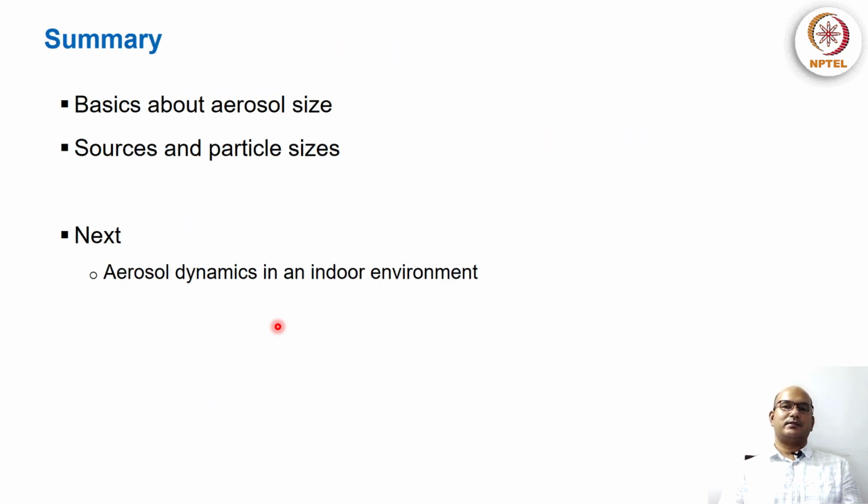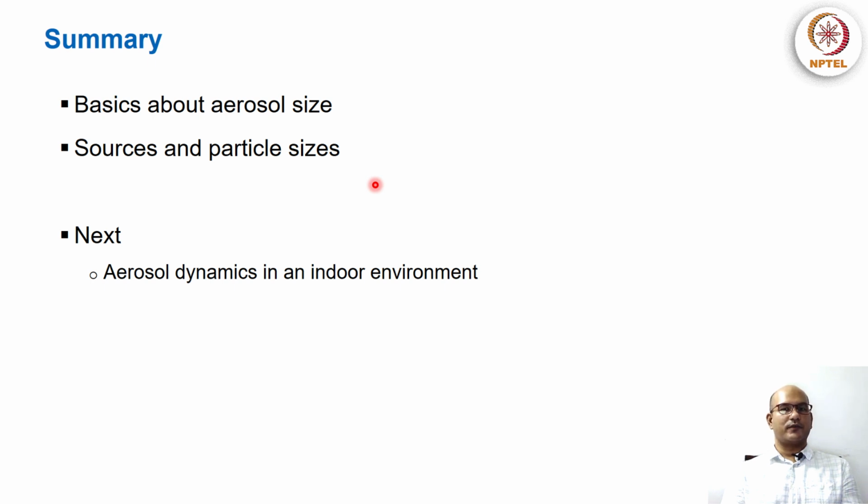So we will summarize the lecture now. We have seen the basics about aerosol sizes, different types of modes: nucleation, Aitken, accumulation, then coarse modes. Then different sources and their sizes. So we have seen some figures on incense, mosquito coils, tobacco smoking, e-cigarettes and cooking, and how different types of sources lead to different types of particles in different modes.